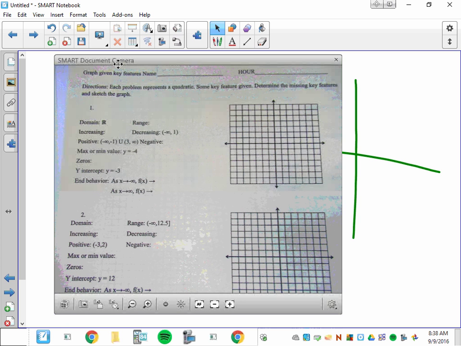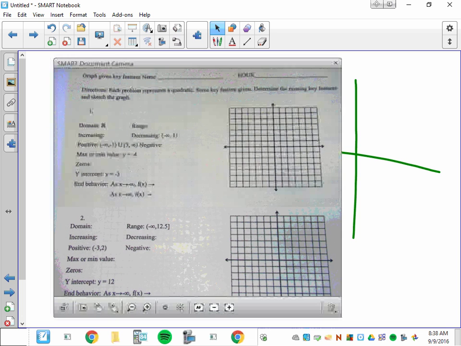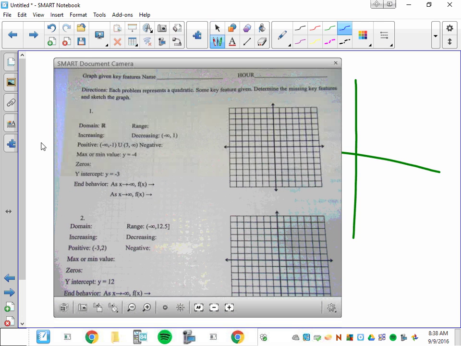Opens up. Why? If you look at positive, there are 2 positive pieces, which means it has to open up. If it was a frowny quadratic, it would have 1 positive piece. If it's a happy quadratic, then it has 2 positive pieces. So at least we know what direction it opens.